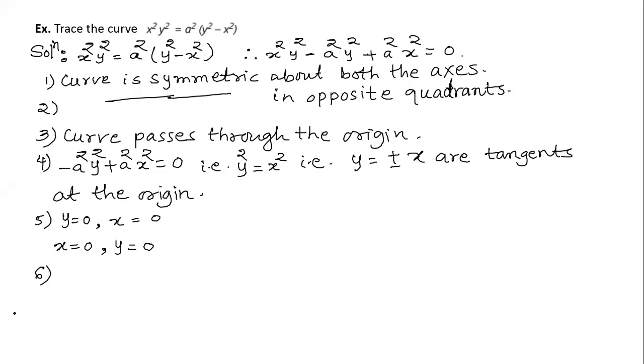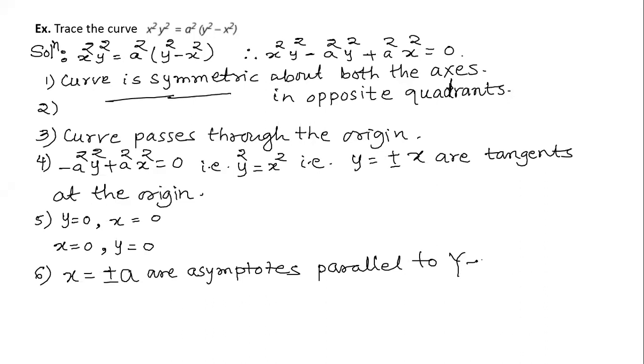That means x square minus a square equal to 0. That means x equal to plus a and minus a are asymptotes parallel to the y-axis.